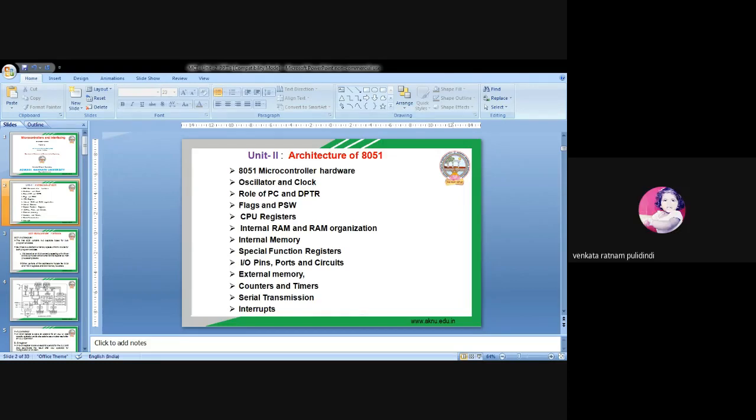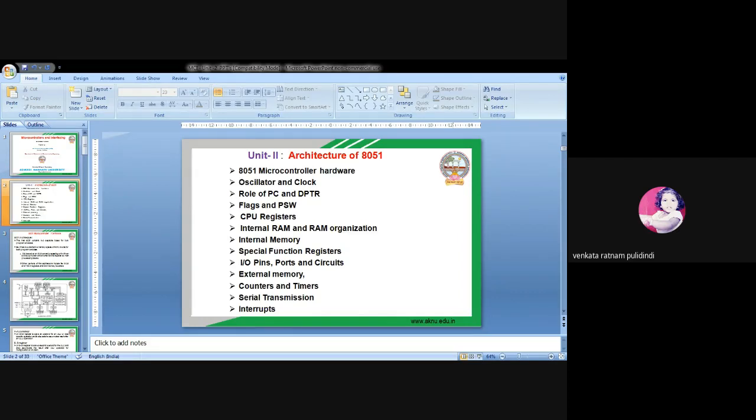So here today we discuss about the architecture of 8051 microcontroller. Here we completely study the internal structure of 8051 microcontroller chip.